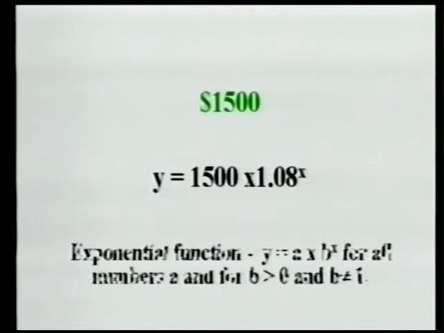This is called an exponential function. An exponential function is represented by y is equal to a times b to the x, where a and b are constants for all numbers a and for b greater than 0 and b not equal to 1.